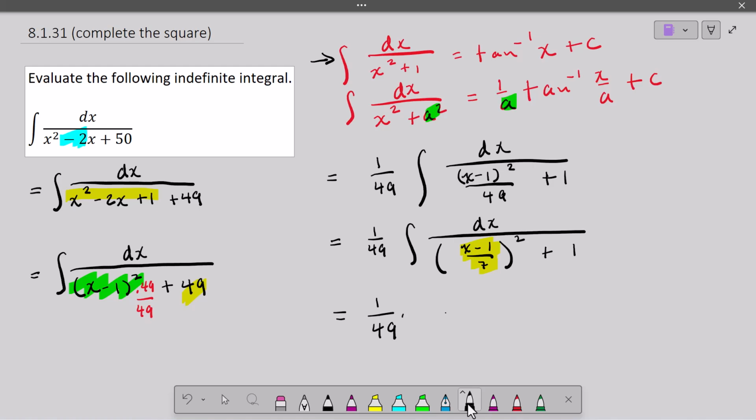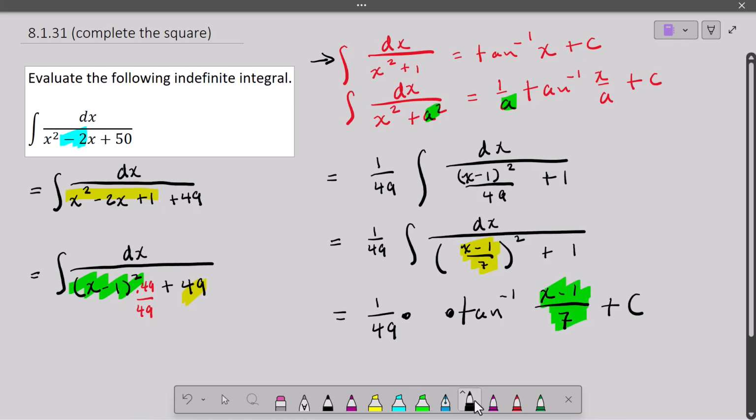And so remember, with reverse chain rule, we're going to divide by the derivative of that quantity. So we're going to end up with this. And I'm leaving a space right in here because we have to divide by the derivative of this quantity here. Well, you can rewrite that or think of it in different ways. That's essentially 1/7 x minus 1/7.